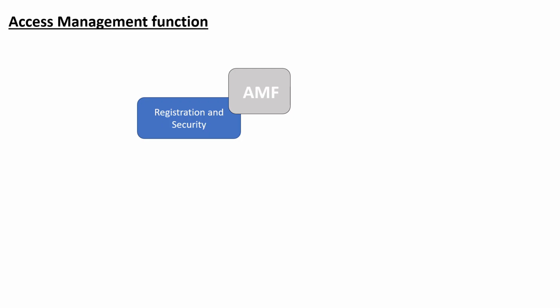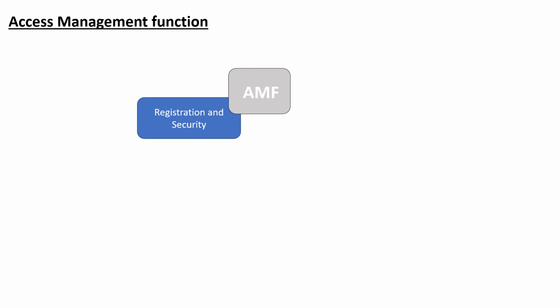So once the AMF checks that the subscriber is allowed to access the 5G service, it will then talk with the gNodeB and New Radio, and then the context setup will be executed: context setup request, context setup response, the resource allocation, right? Once all these steps are done, it will send the registration accept message.